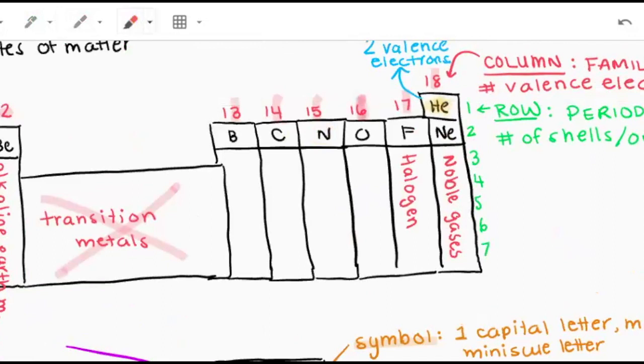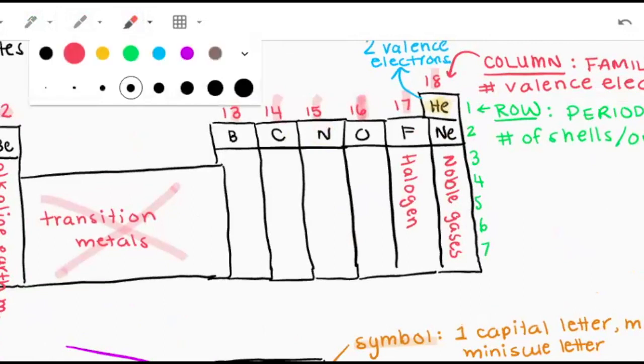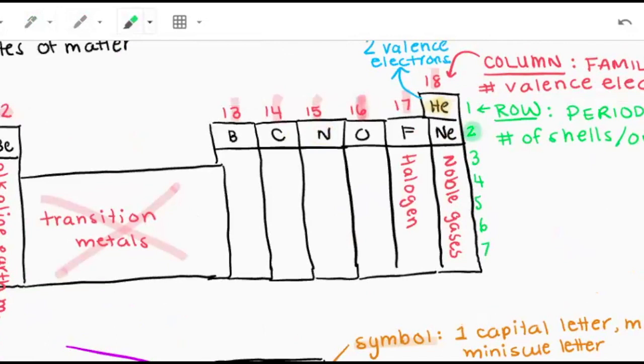So 6 valence electrons from its column number. And yep, I needed to draw the 2 shells that the period number tells me to. So the drawing will coincide, at least for the first 20 elements. After that, things start getting really weird. But for the first 20 elements, it will coincide to the diagram.